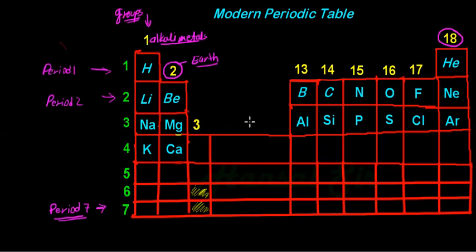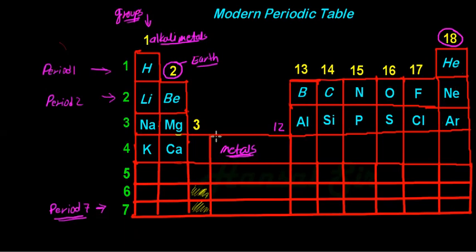Now group 3 all the way up to group 12 lies over here a little bit lower in the periodic table. They are known as transition elements. All the elements of these groups are metals. They have their two outermost orbits incomplete.